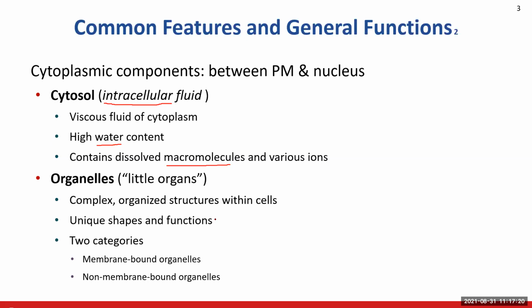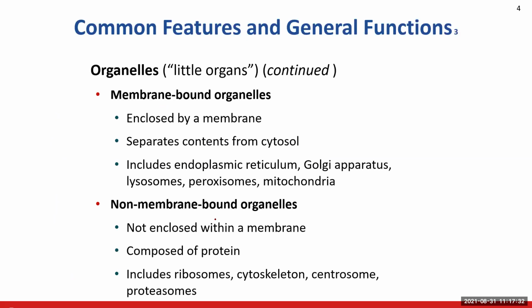But we break these organelles down into two categories. Membrane-bound organelles, which means that these organelles have a covering or a membrane around them, and non-membrane-bound organelles. So we're going to discuss some of that, going into a little bit more detail about our membrane-bound and non-membrane-bound organelles. The membrane that covers membrane-bound organelles separates them from the cytosol.